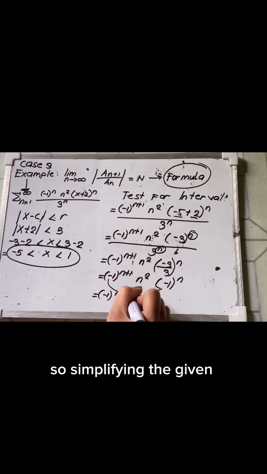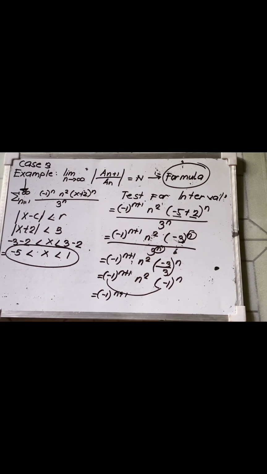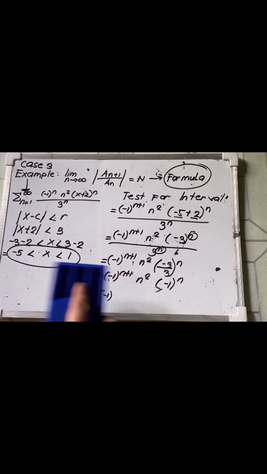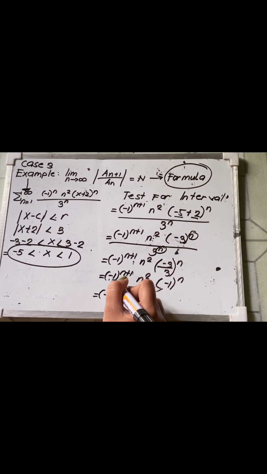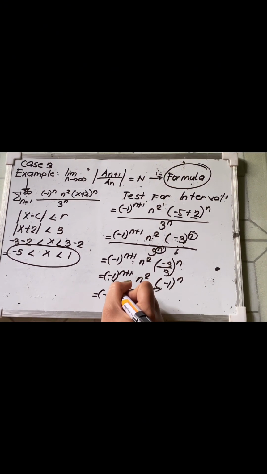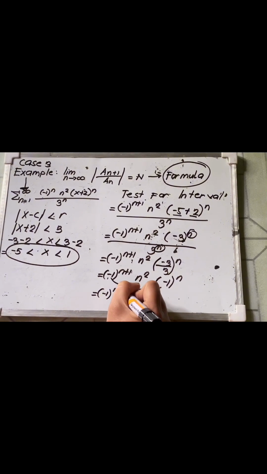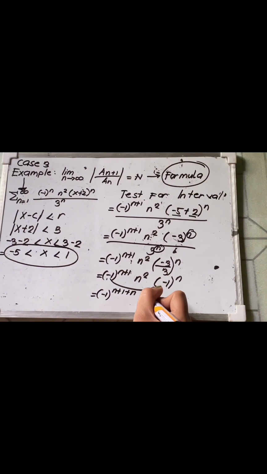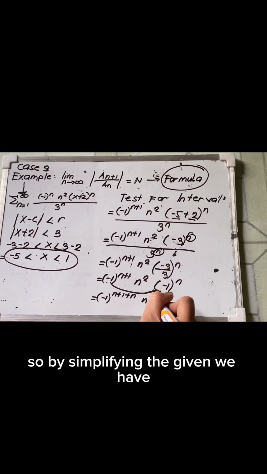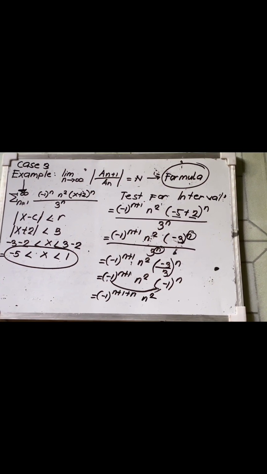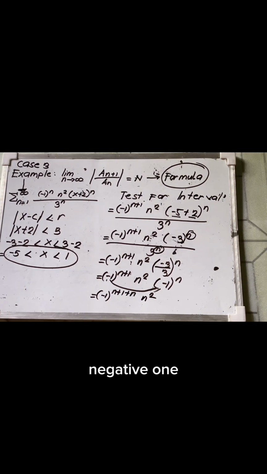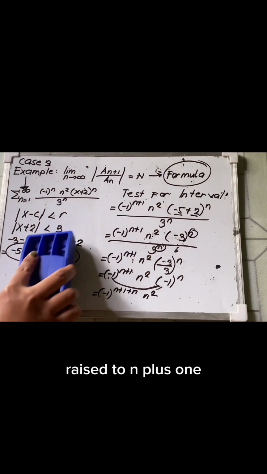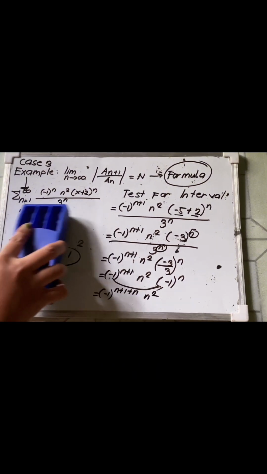So, by simplifying the given, we have (-1)^(2n+1) n squared.